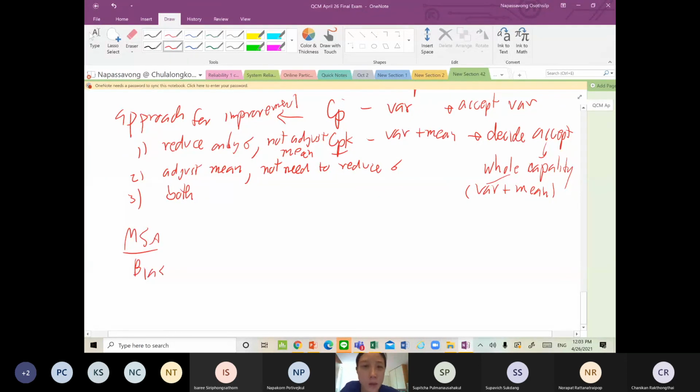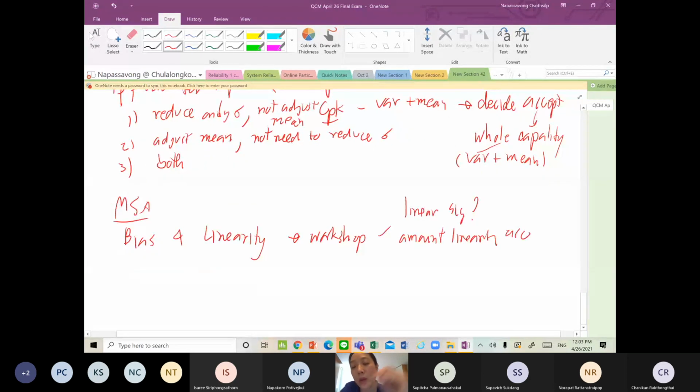If you can answer those four questions from the workshop: is linearity significant or not, is the amount of linearity acceptable or not, at which reference values is it significant, and at which reference value is that amount not acceptable. If you can answer these four questions, that's satisfying what I expect from you.